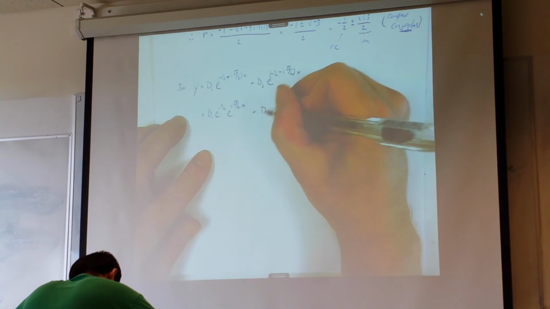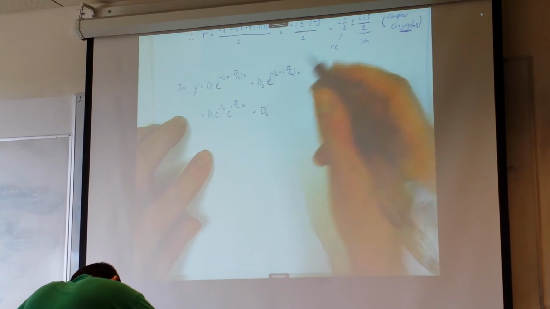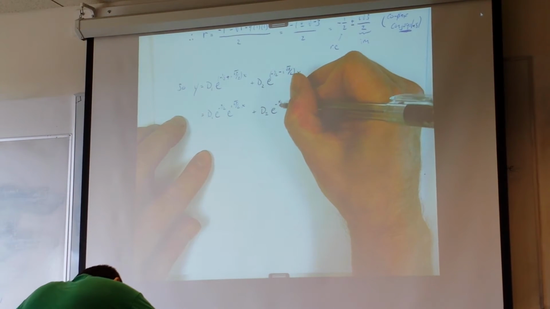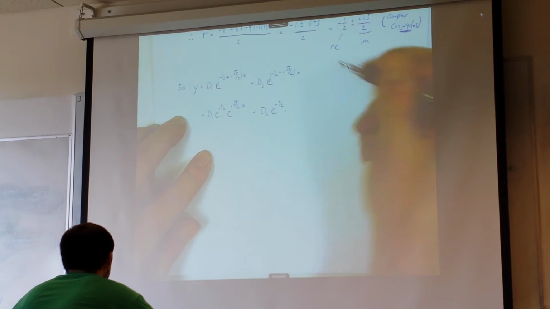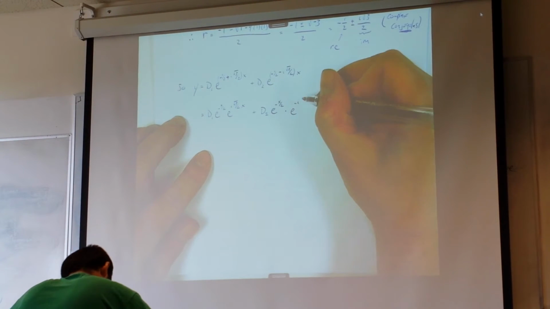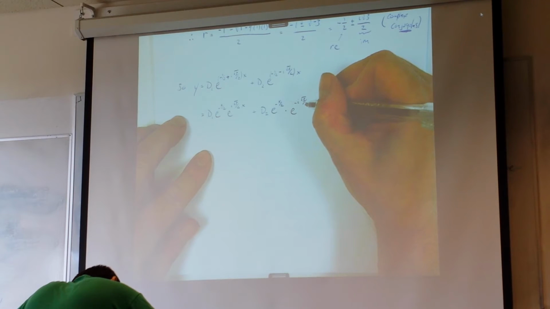Plus d2, same thing, distribute the x: e to the -x over 2 times e to the -i root 3 over 2 x.